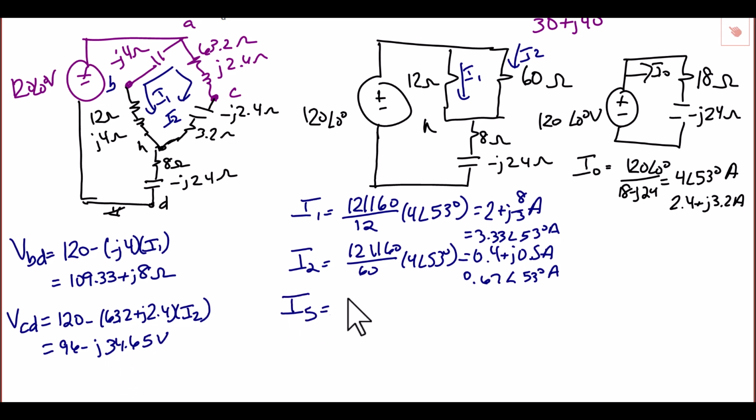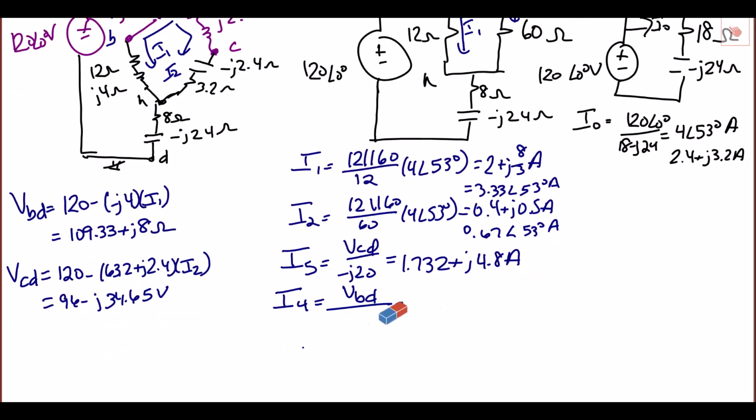I5 is equal to VCD divided by negative J20, which equals 1.732 plus J4.8 amps. I4 is equal to VBD over 20 plus J60, which equals 0.666 minus J1.6 amps.